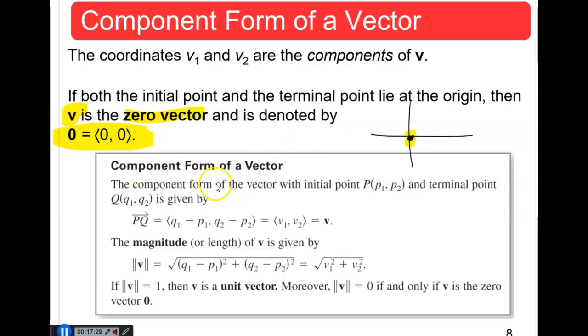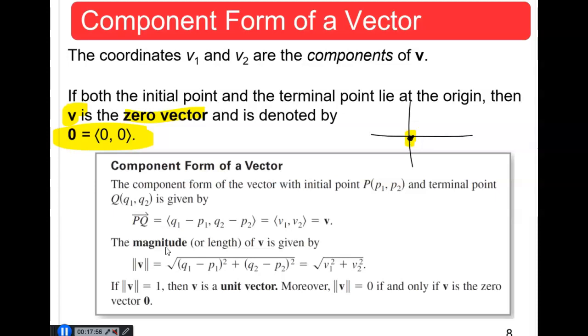So for the component form of a vector, if a vector is not in component form already, what we're going to do is subtract some of the values that we have here. Instead of using x sub 1, y sub 1, we are using p and q. So let's go over that.